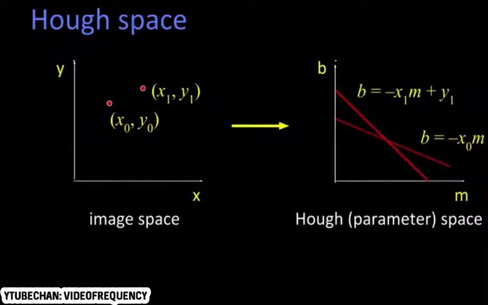Well, it has to be the point where these two lines in Hough space intersect, because that's the m and b that's consistent with being on a line that goes through x0, y0, and on a line that goes through x1, y1. And this, ladies and gentlemen, boys and girls, and all you interested parties, this is how we're going to find lines from points.